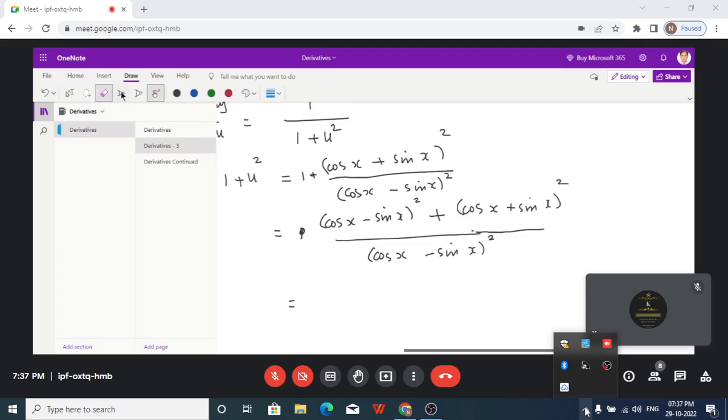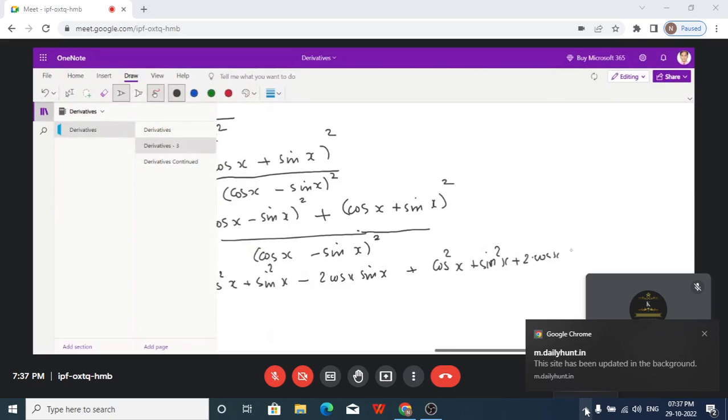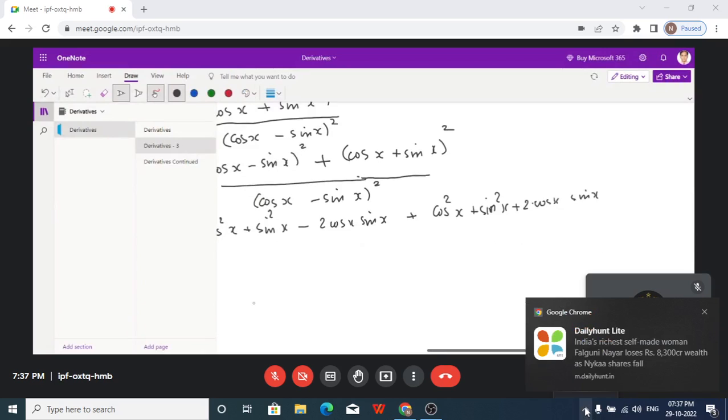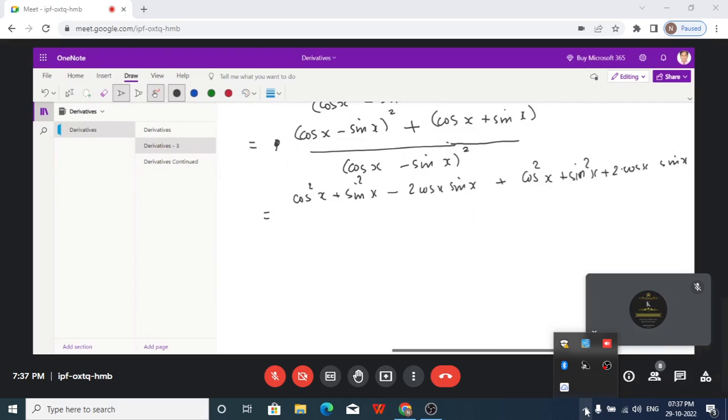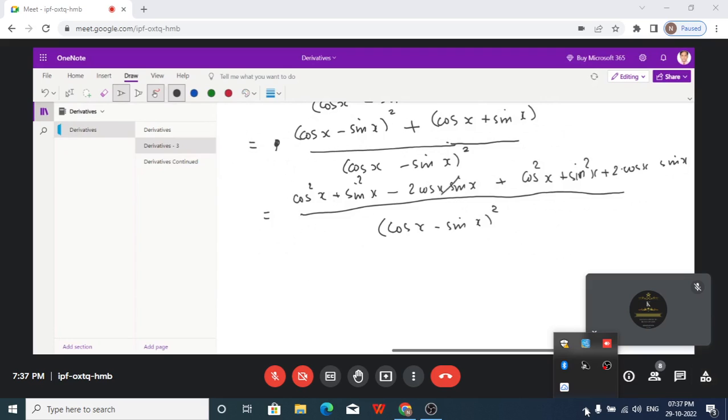This is cos square x plus sin square x minus 2 cos x sin x, plus cos square x plus sin square x plus 2 cos x sin x.